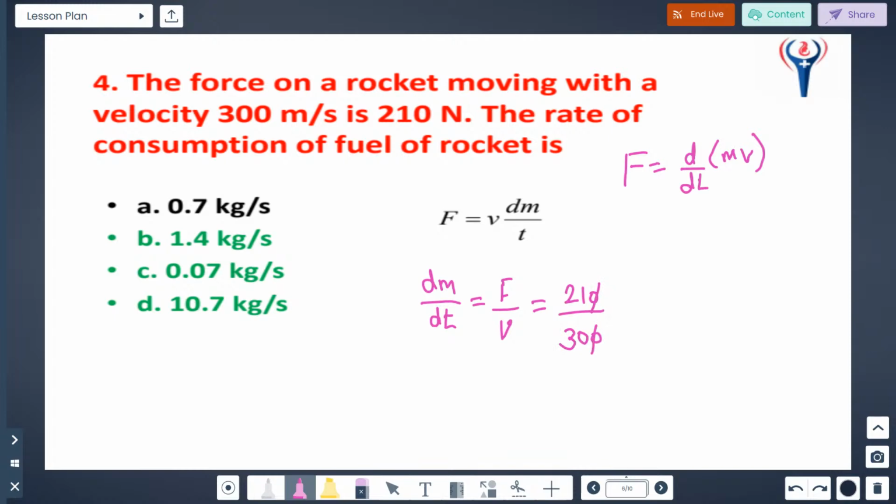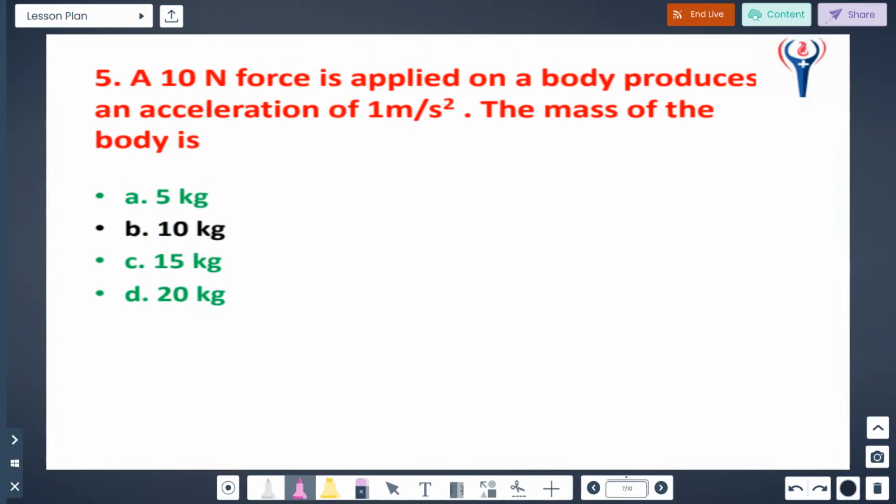Then 21 by 30, that is 7 by 10, which is equal to 0.7 kilogram per second. That is rate of consumption, change in mass with respect to time. Option A.